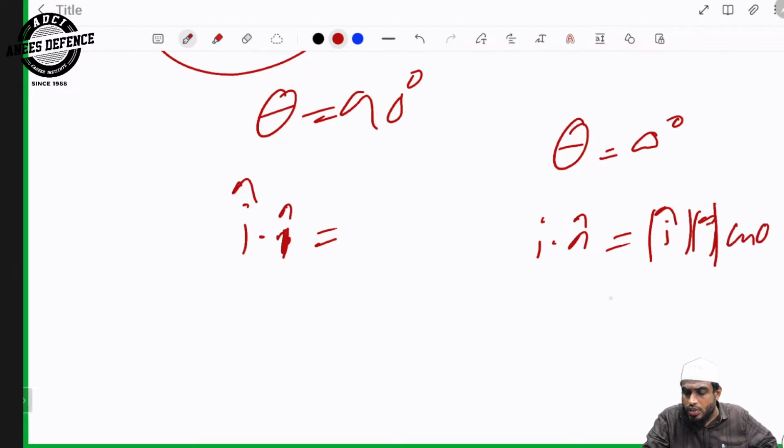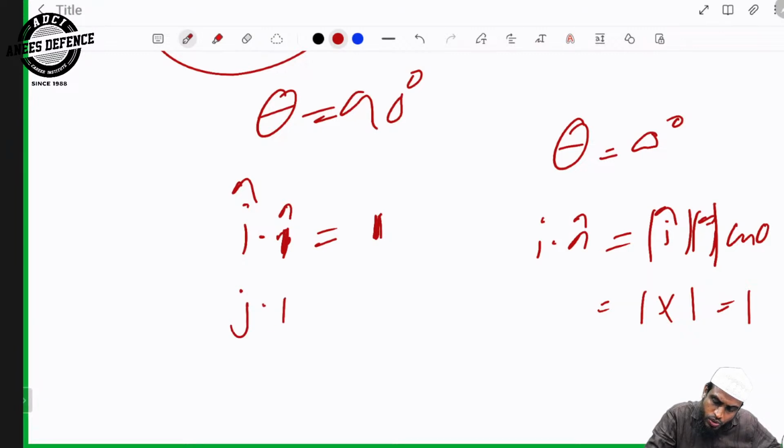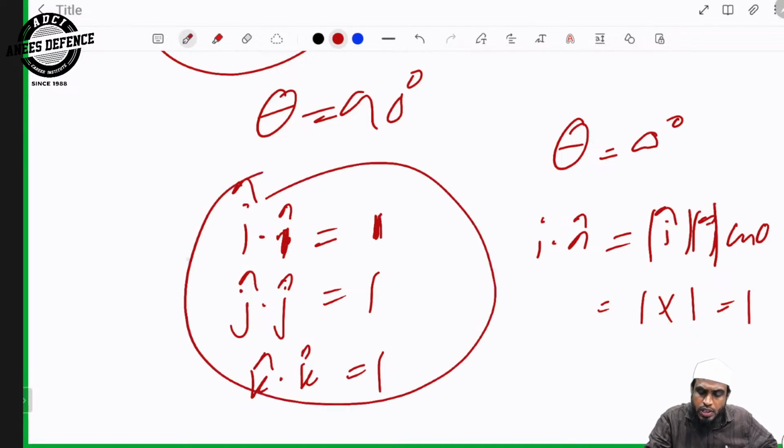Cos 0 is 1, and magnitude of i is 1. So 1 into 1 is 1. So i dot i is 1. j dot j is 1. k dot k is 1. So i dot i, j dot j, k dot k are all 1.